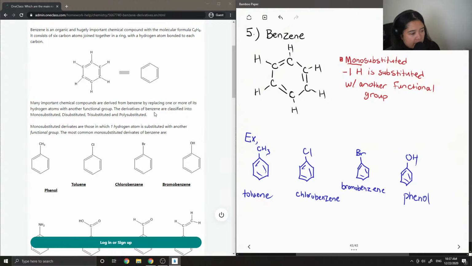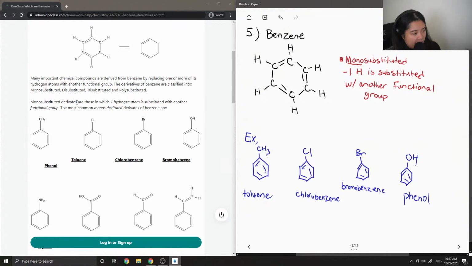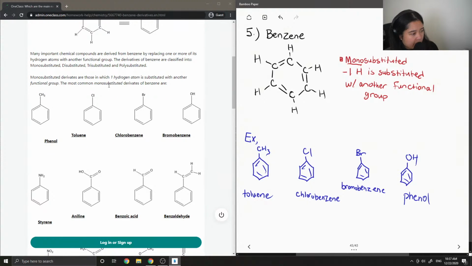The derivatives of benzene are classified into monosubstituted, disubstituted, trisubstituted, and polysubstituted. So monosubstituted derivatives are those in which one hydrogen atom is substituted with another functional group. The most common monosubstituted derivatives of benzene are, so this phenol I think was meant to go to the last one, toluene, chlorobenzene, and bromobenzene.